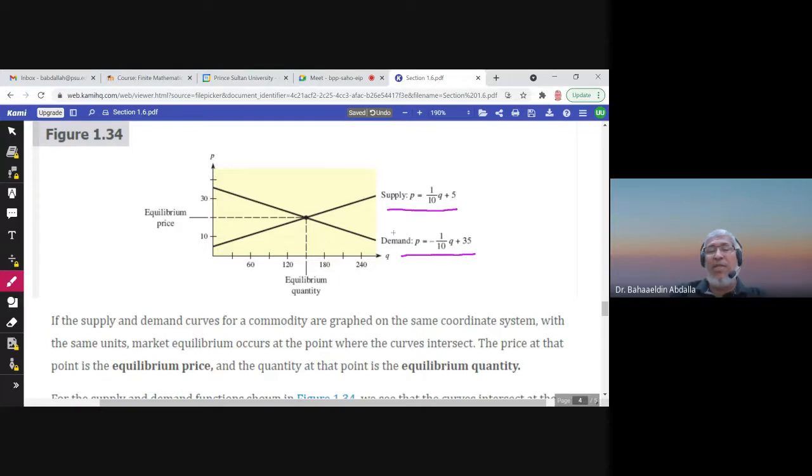And the demand is always decreasing because when the price increases, demand decreases. And the equilibrium quantity would be this value of Q, and the equilibrium price would be this value of P. And this would be the equilibrium point, Q and P.